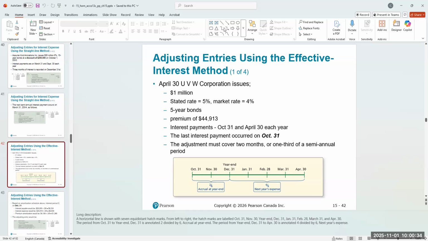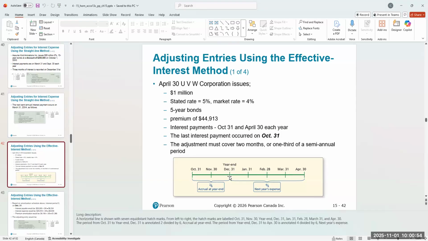Okay, so how are we going to deal with it when we have the effective interest method? Well, the general idea is the same as the straight line method. Again, we have to see where the reporting date is.